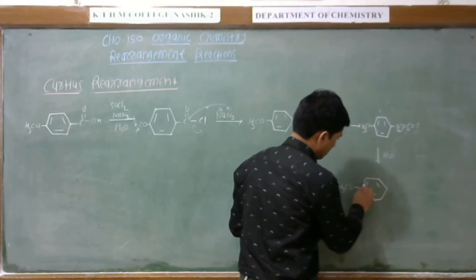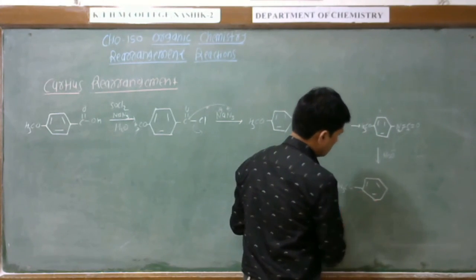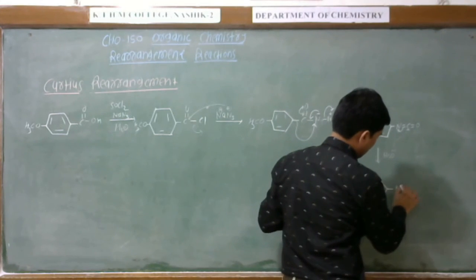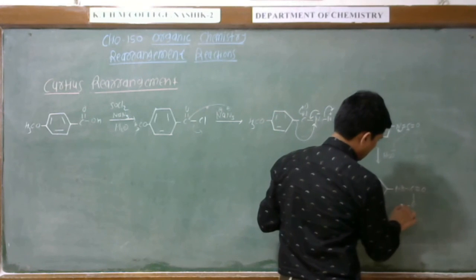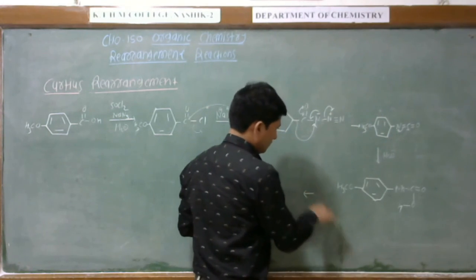And here is the NH, and now see, this is the C double bond O, and this is the OH now.